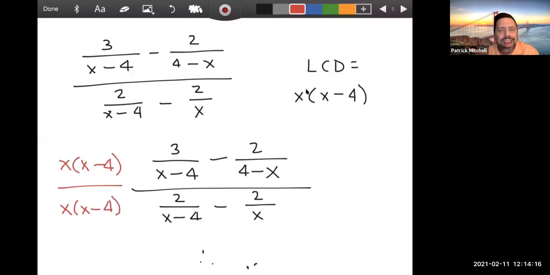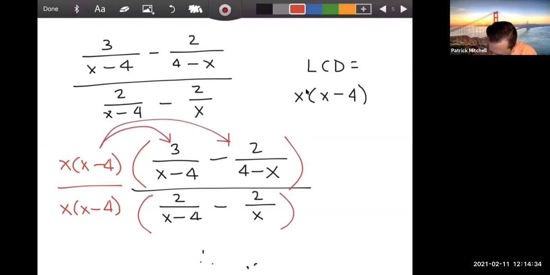Okay. So now the way that we're going to get rid of all those little fractions is we're going to distribute our LCD. All right, so what's going to happen is you get an x minus 4, and you get an x minus 4, and you get an x minus 4, and you get an x minus 4.